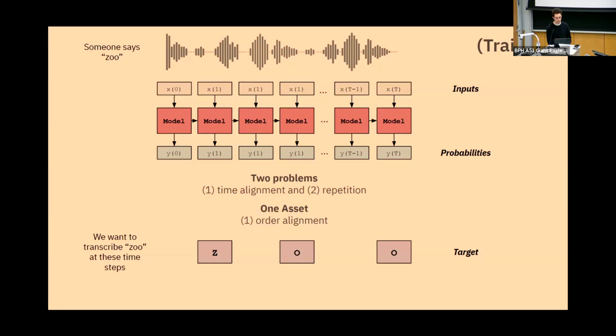You can see, as we described, one of the issues here is that there's no particular alignment between the x0, x1, and so on, and the various outputs at the different time steps. And also the fact that we want to be able to have 2 consecutive O's as we spell out zoo. Again, the one asset we have here is that we can assume order alignment.